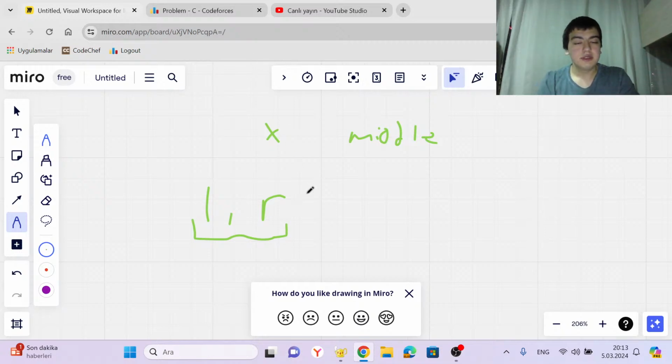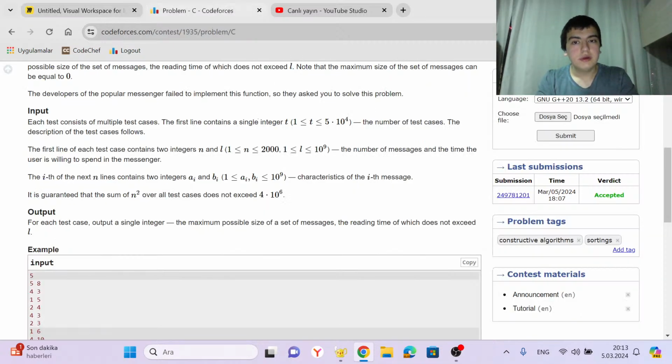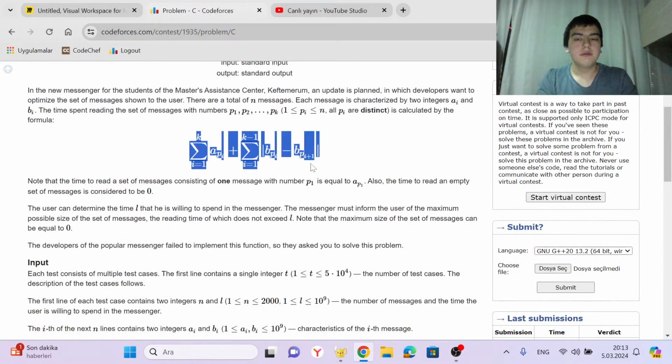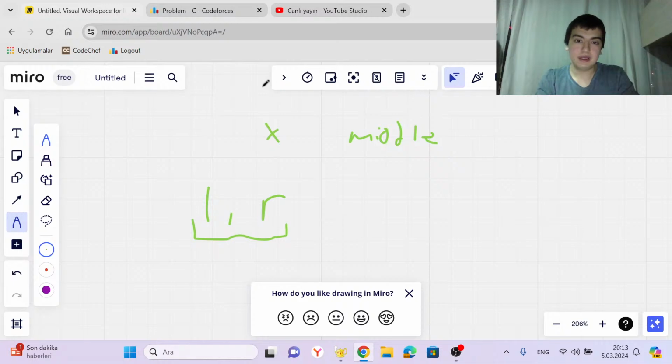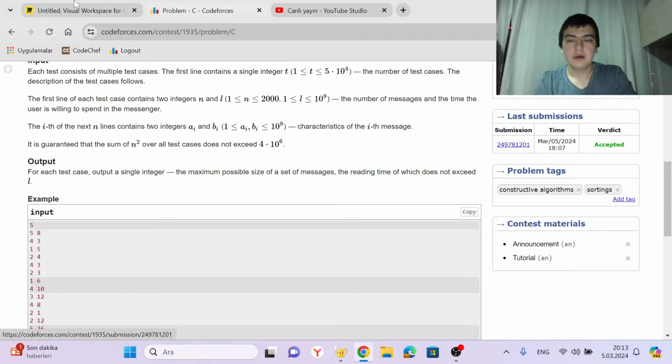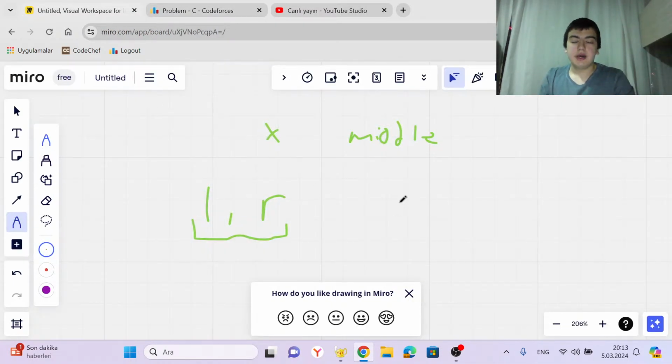And I am trying to minimize this summation, minimize the spend time. To do this, I have used a technique like this. I'm increasing R one by one. First of all I am selecting the L value and I am increasing R one by one.